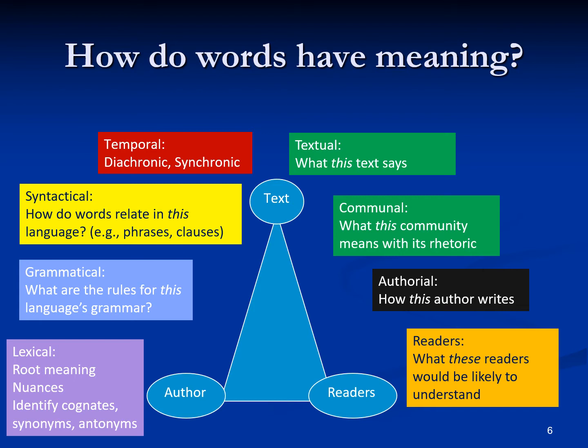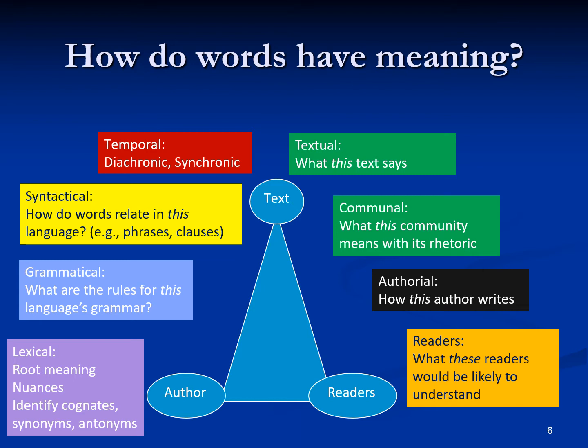Over on the bottom left side of this slide, we have the author, and then at the top of the triangle we have the text, and the bottom right side we have readers. And there's a sense in which we answer the question of how do words have meaning by giving a focus around these corners of the triangle of an author, text, and readers.